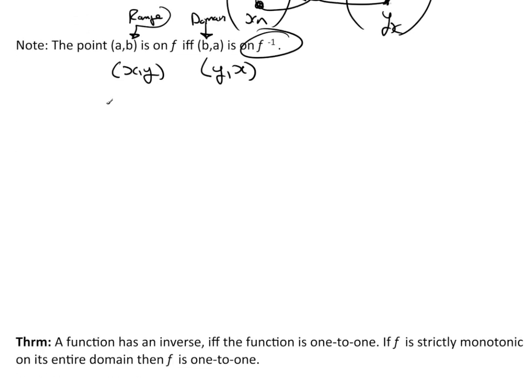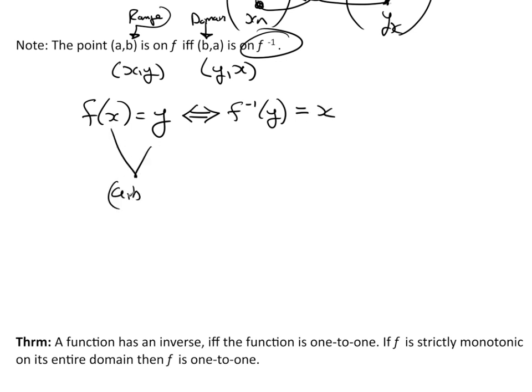Another way to say this is we could look at it like this: f of x equals y if and only if, another way to write if and only if is with the double arrow, f inverse of y is equal to x. So here's my (a, b), and then here's my (b, a).